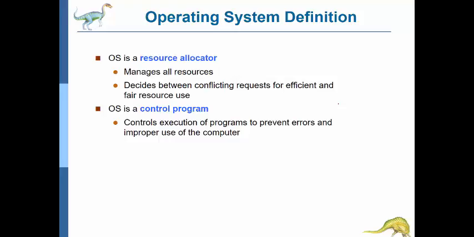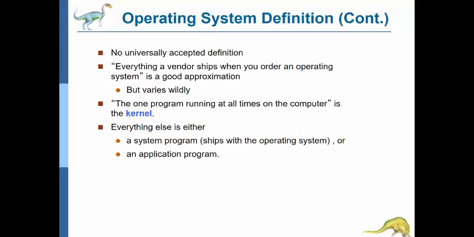An operating system can control the execution of programs to prevent errors and improper use of the computer. Perfectly? No, right? But it tries to. There is no universally accepted definition, and it varies widely depending on the vendor when you order an operating system.